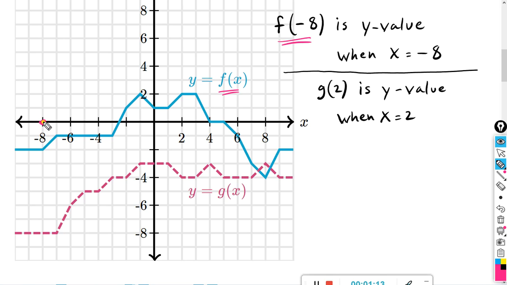So first, x equals -8. It meets the graph right here, and the y value is right here. It looks like the graph counts by twos. So if this is -4, -6, this must be -2 right here. So in this case, y equals -2.